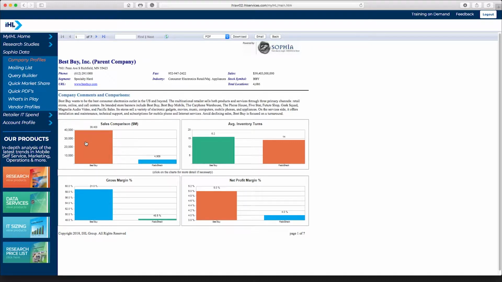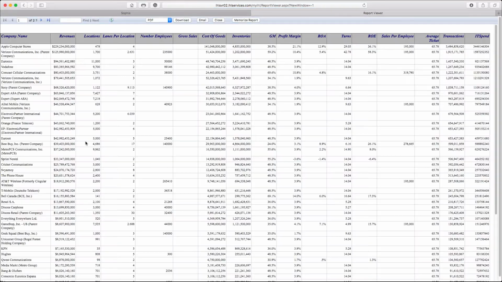If I click on a bar, it's going to open another browser window with a detailed query of the comparable companies and their financials that are also categorized in the same retail segment. It's a nice, easy way to find similar companies to Best Buy who may need your services and/or products.